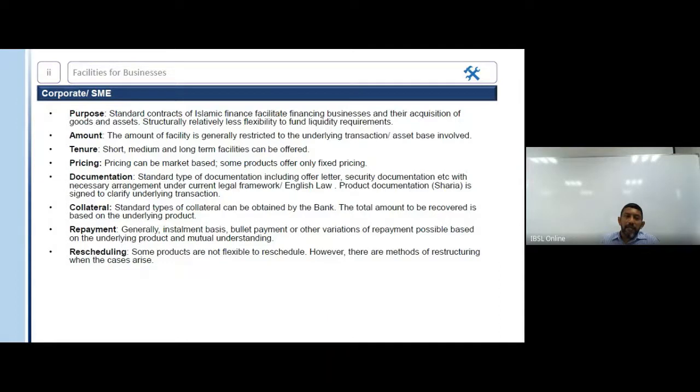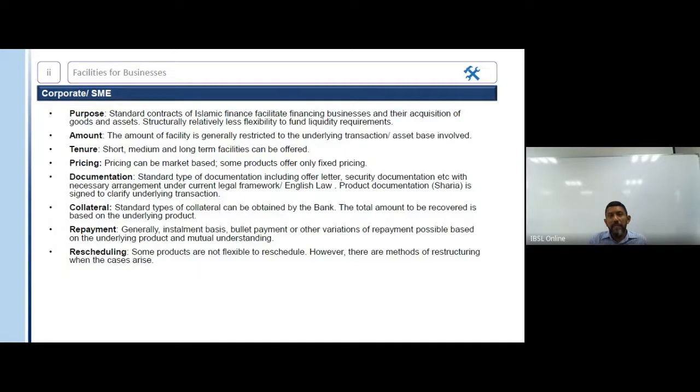In terms of tenor, all types of facilities can be offered: short term, medium term, long term, very long term, whatever the tenor. There is no restriction in Islamic finance on that. Pricing can be market based, meaning you can price on a fixed rate or on a floating rate, but not all products offer that flexibility.